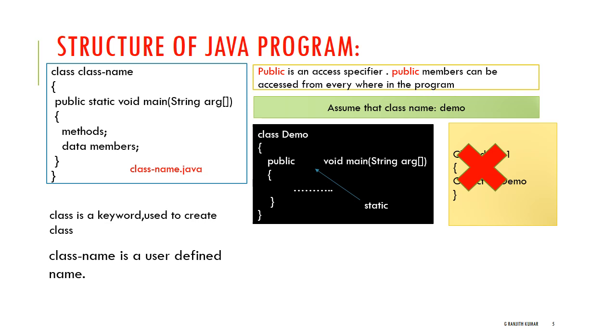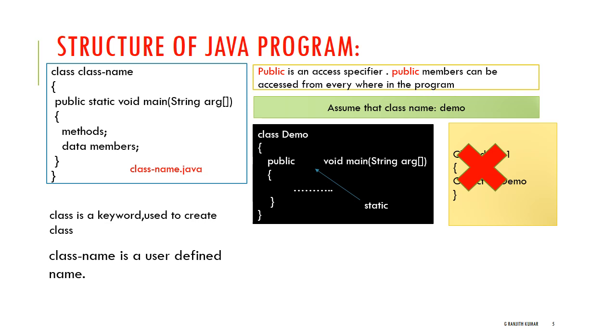Coming to main, I already told you that main represents where the program execution should start. So now it is clear why public static void main should be written. Now coming to String args, meaning arguments, which is of array type. Here in String, I have written S as a capital letter.